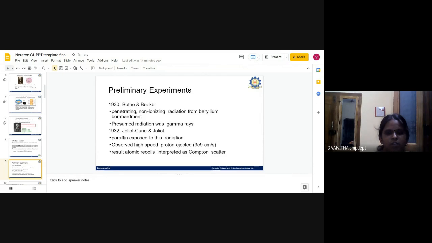These radiations were taken to be gamma rays. After that, the rays were exposed to paraffin, and high speed protons were ejected from the surface of the paraffin. These recoil results were interpreted as Compton scattering.